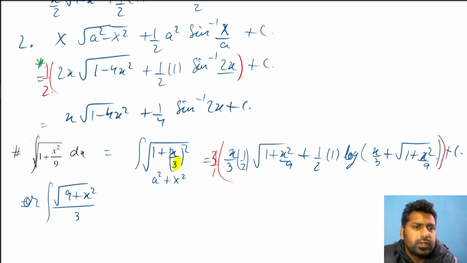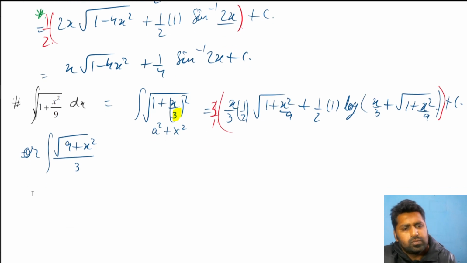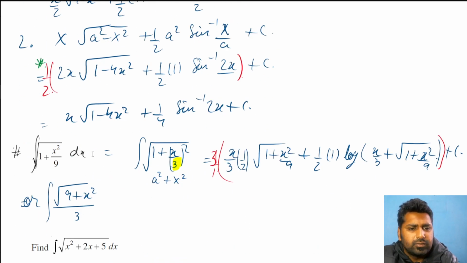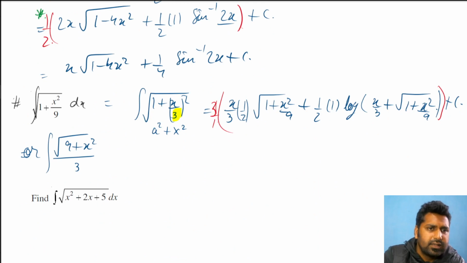Okay. Now one last problem. What if they don't give you the direct format? What if they have this? What is this?